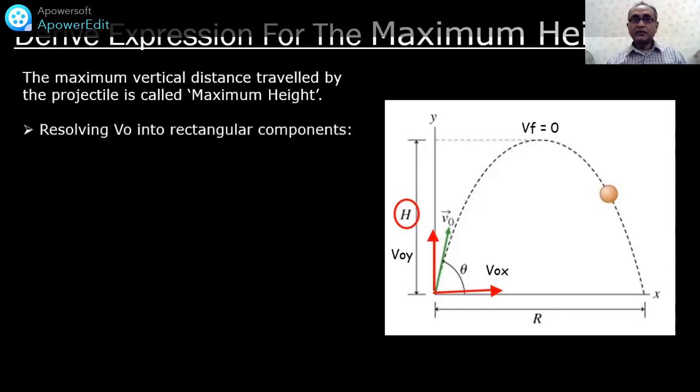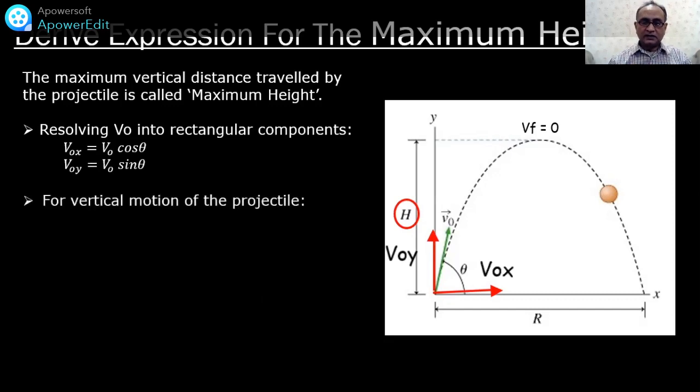So what will we do? Resolving V naught into rectangular components, as I told you. As you can see over here, one is V naught X, the other is V naught Y. Their values are V naught X is equal to V naught cos theta, V naught Y is equal to V naught sin theta.